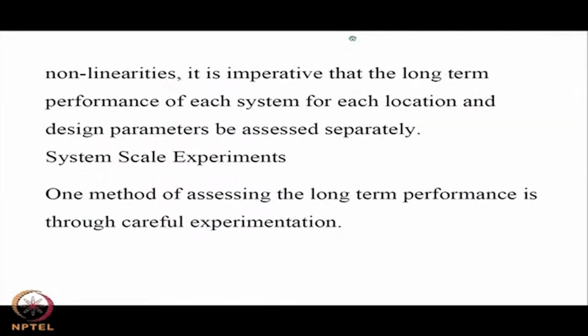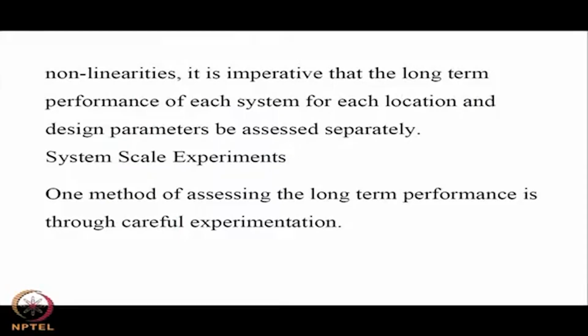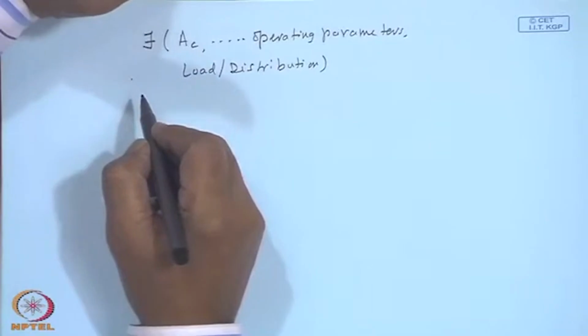So, we somehow try to optimize making use of the nonlinearity of the F versus AC curve, so that my investment made yields the maximum return per unit investment. So, it should be based upon the long term performance, and that performance is dependent upon the location, the load and the load distribution.